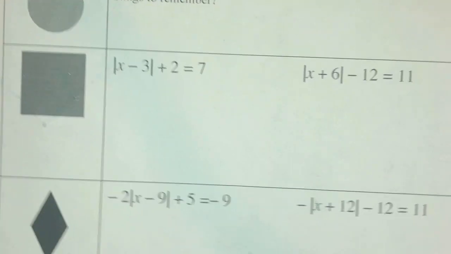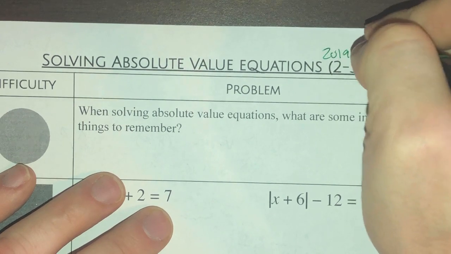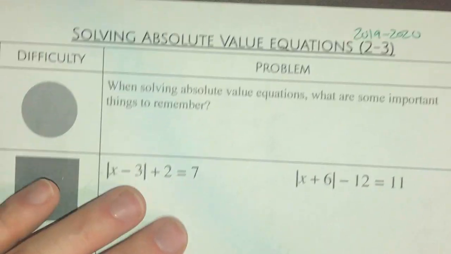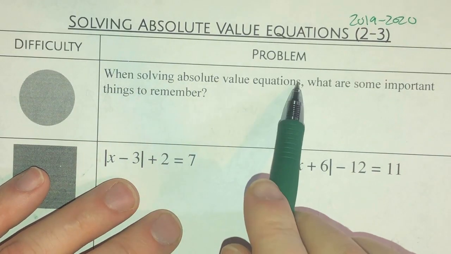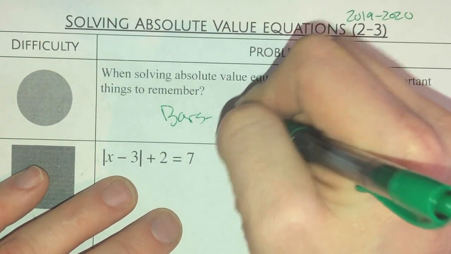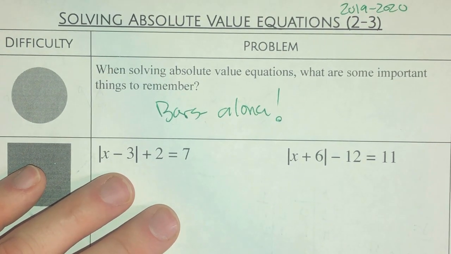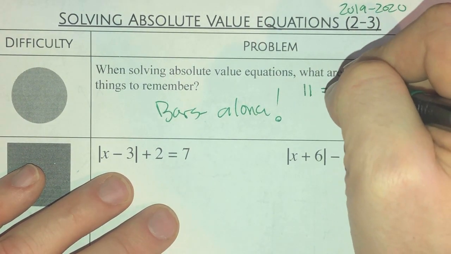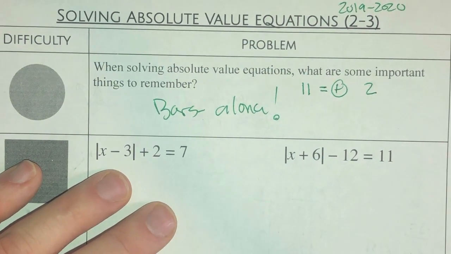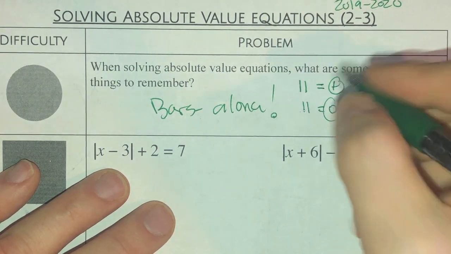Okay, so absolute value equations, the next topic here. And remember, this is 2-3 from the 2019-2020 note set. When solving absolute value equations, what are some important things to remember? The most important thing is you want to get the bars alone. Get the bars alone. And then remember, bars equals a positive, 2 solutions. Bars equals 0, 1 solution.